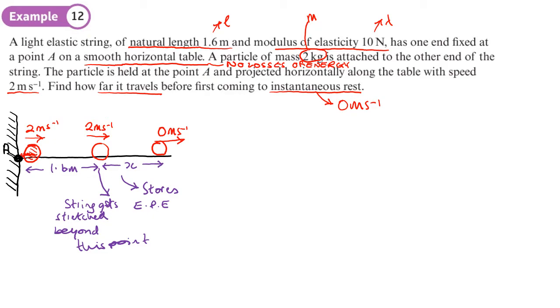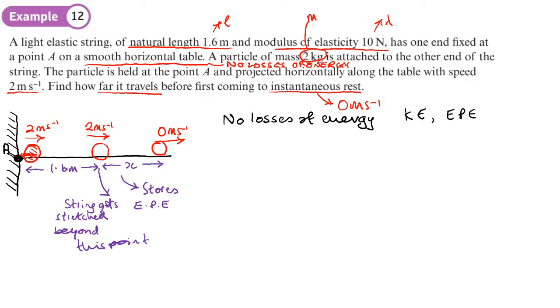Right, so the first thing is that there are no losses of energy in this system. We said that already. And the only energy in this system is going to be kinetic energy and elastic potential energy.